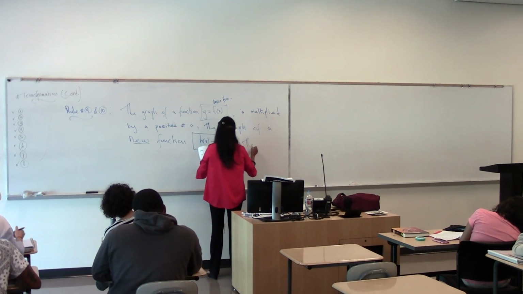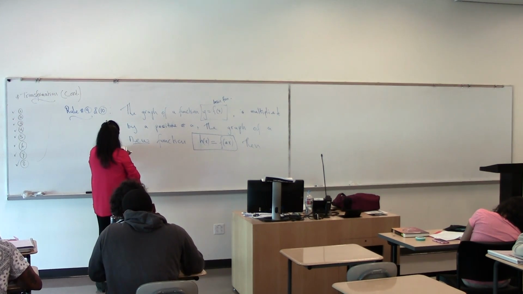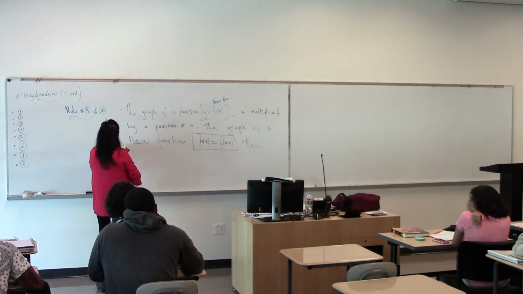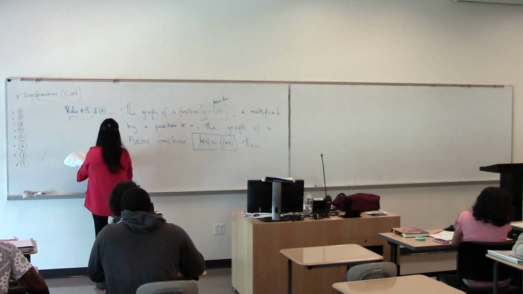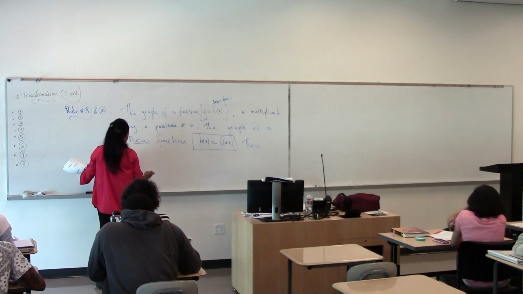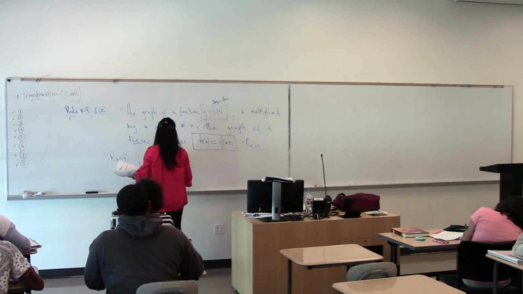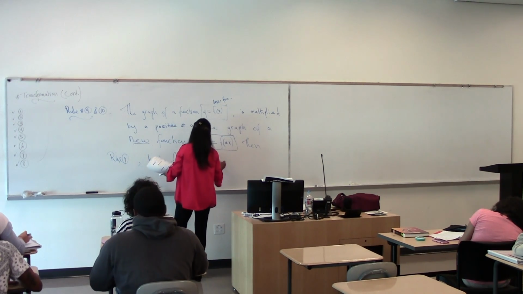So now we are going to use the two rules. Rule number 9 says h of x equal to f of a x.